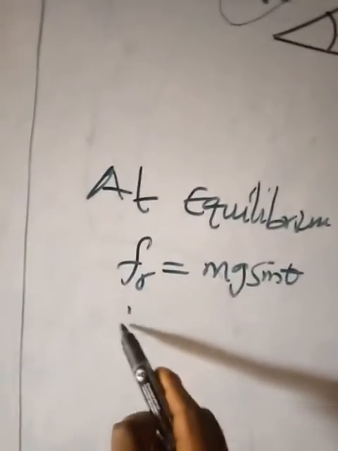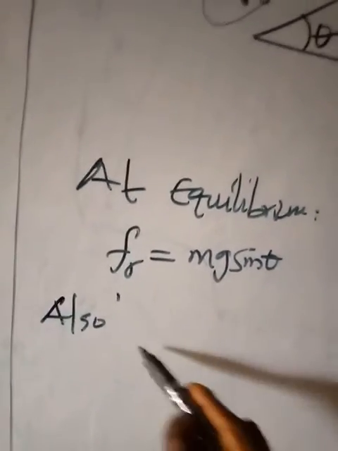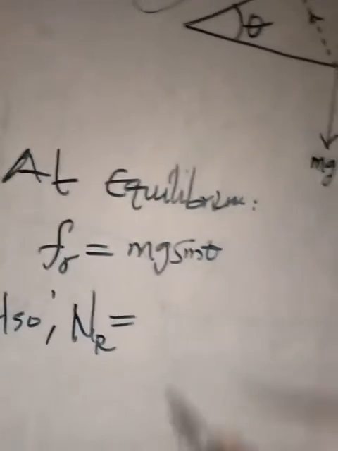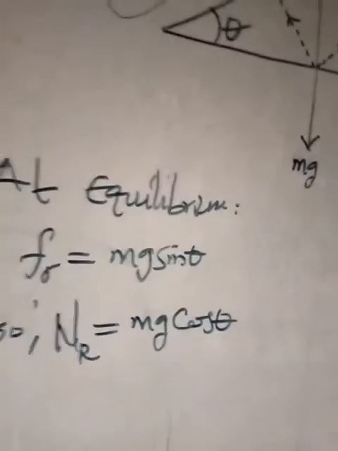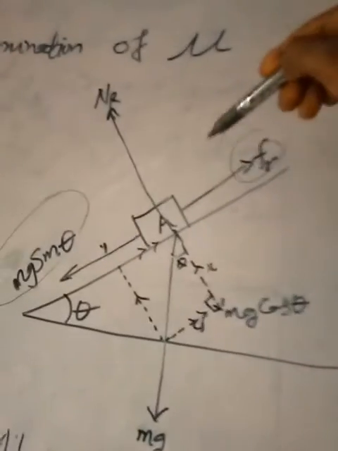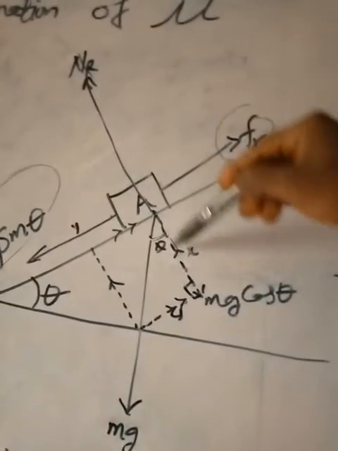Likewise, the normal reaction is equal to mg cos theta. On the plane, the upward force is equal to the downward force.